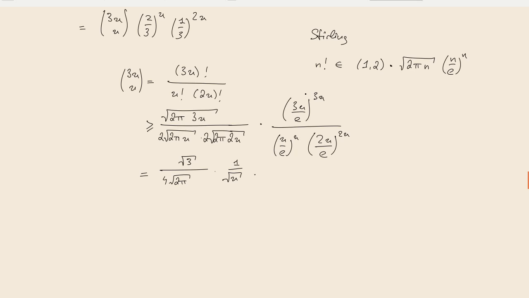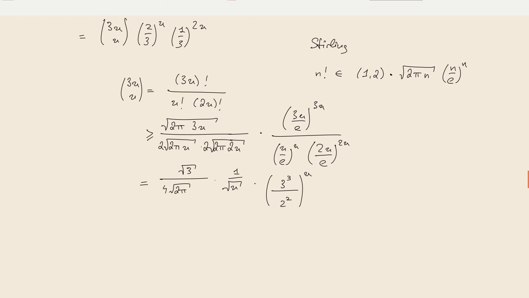So the e's are gone, as I said, and what's remaining is 3 to the 3, well, 1 to the 1 we can exclude, and 2 squared, and the whole thing to the u. If you like, you can write this as 27 over 4, but because we will use it up here, you can actually leave it like that.